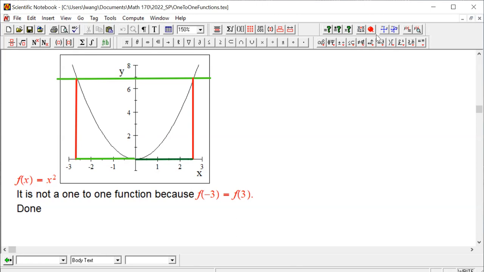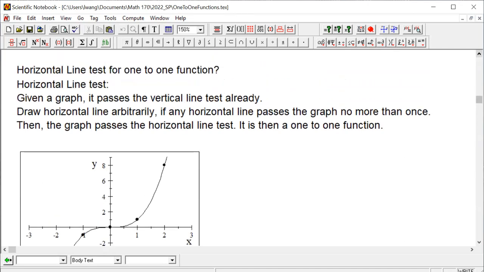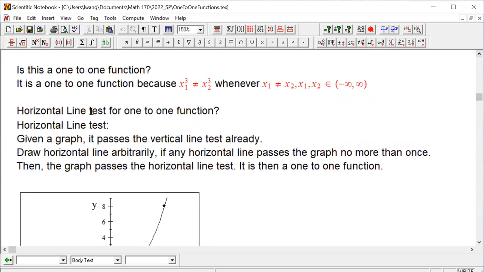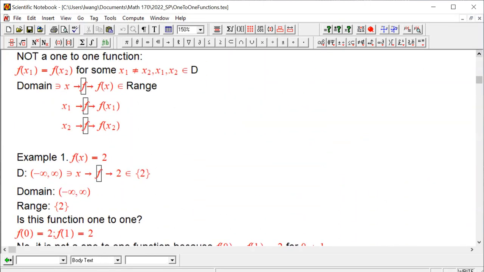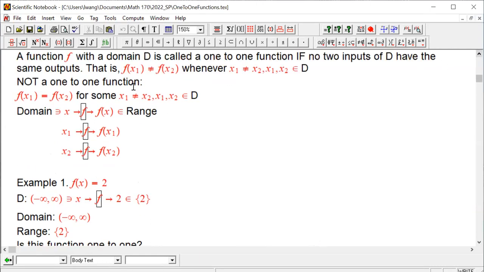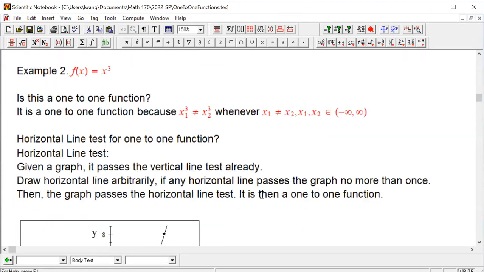Even though I was just drawing the picture arbitrarily, I only need one case to speak the language where I cited the definition. So here I have cited the definition and the opposite of the definition.